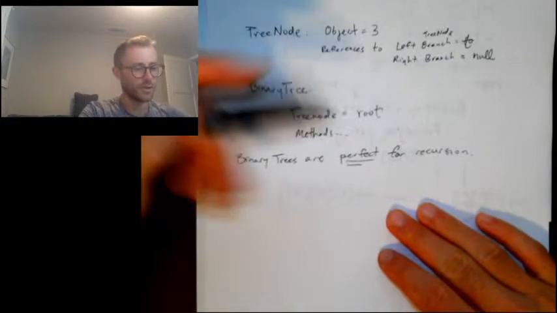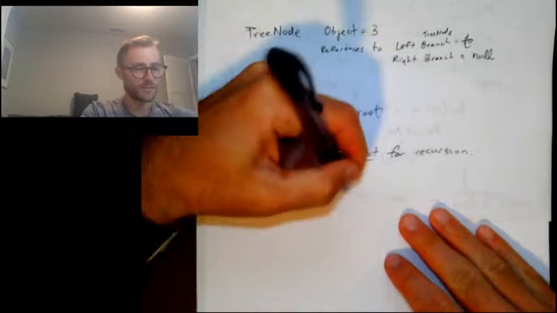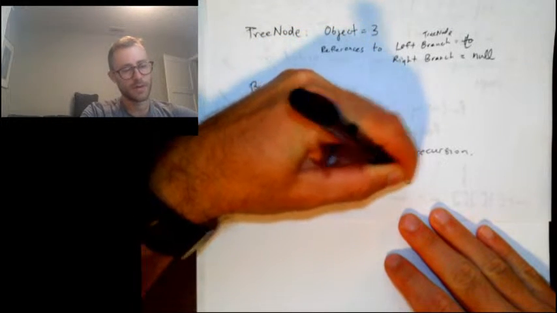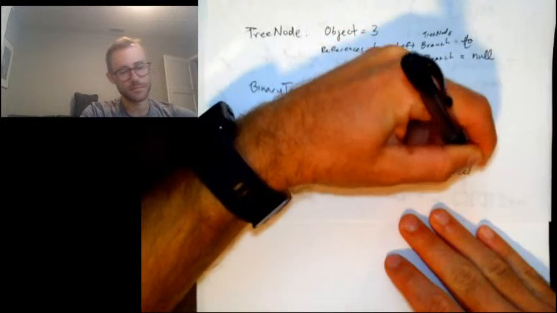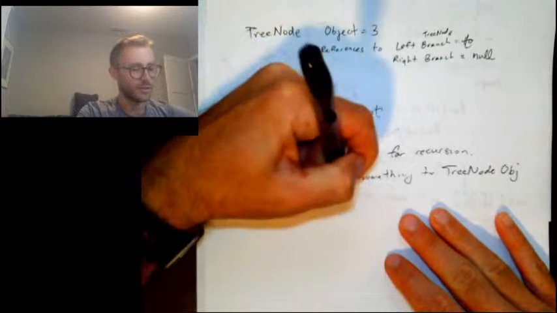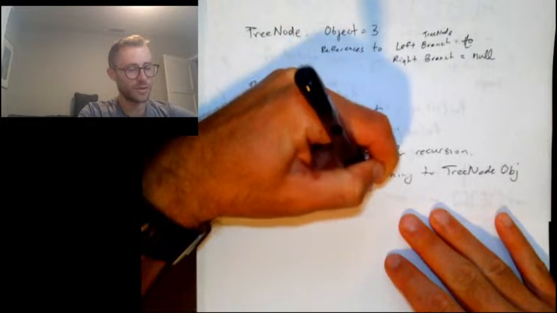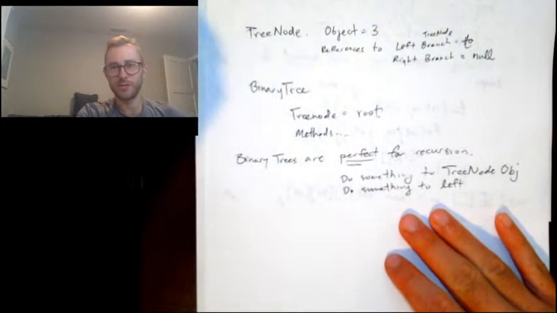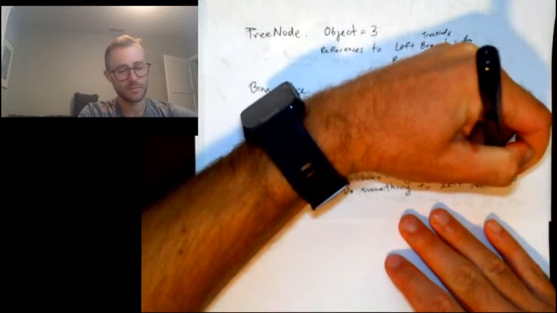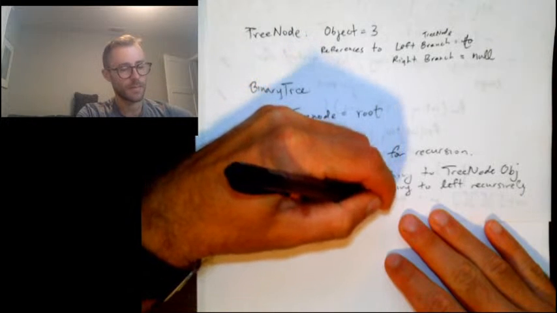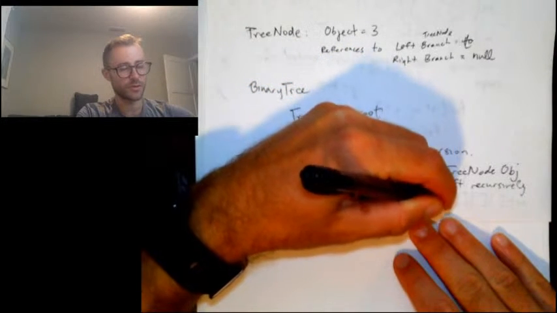To traverse the entire tree, what you could do is do something to the tree node object, and then do something to the left branch recursively, and then do something to the right branch recursively.